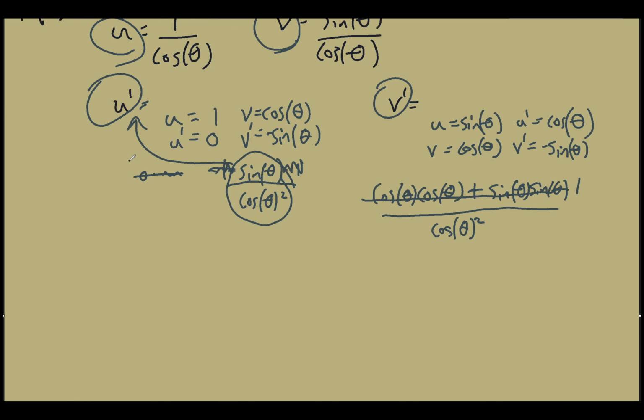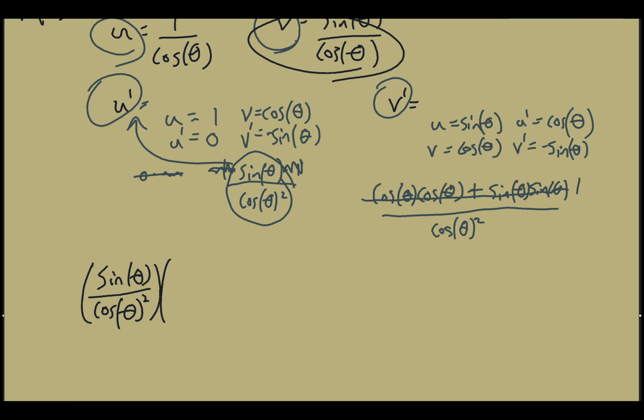So u prime v is sine of theta over cosine theta squared. You might write cosine squared theta like this, but that's stupid. It's just confusing to everybody and unnecessary. Write it on the outside and tell your teacher to call me if they have a problem with it. This is u prime v. What's our v? Our v is up here.